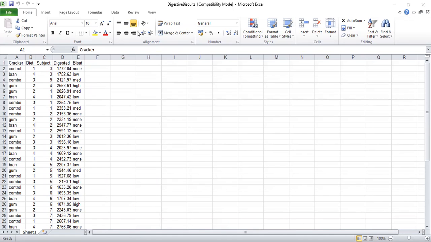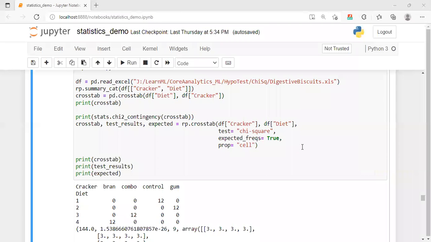That's what I am saying, and that's what you have to do when you practice, because here only diet and cracker have been taken.